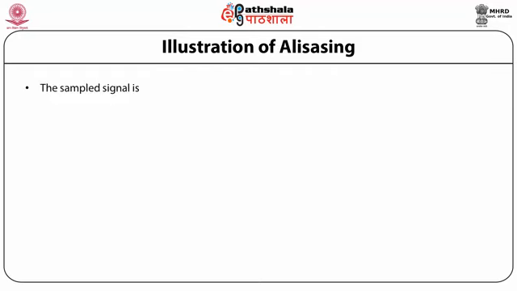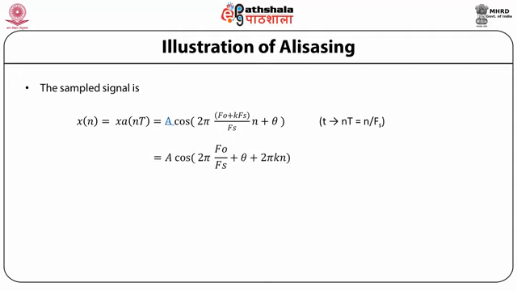So the sampled signal is represented by x(n) equal to x_a(nT) equal to A cos(2 pi (F naught plus k Fs) by Fs n plus theta), where t is replaced by nT equal to n by Fs. So this is equal to A cos(2 pi F naught by Fs n plus theta plus 2 pi k n), which is equal to A cos(2 pi f naught n plus theta).